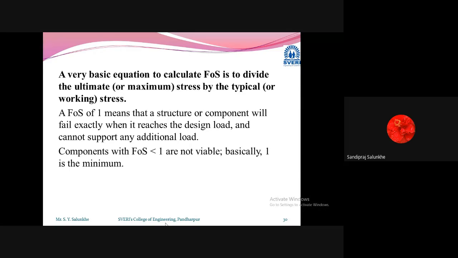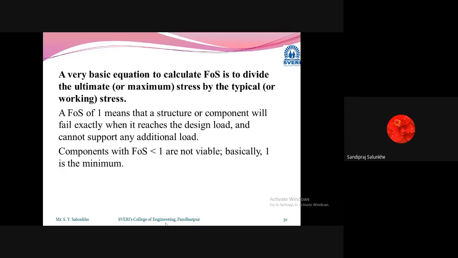And if you are choosing a standard material, it is not necessary every time to calculate that ultimate tensile strength or yield strength once again. So we can use the standard yield strength or ultimate strength, and divide it by the working stress, whatever stress is supposed to occur in that component. If we take that ratio, we get the factor of safety.